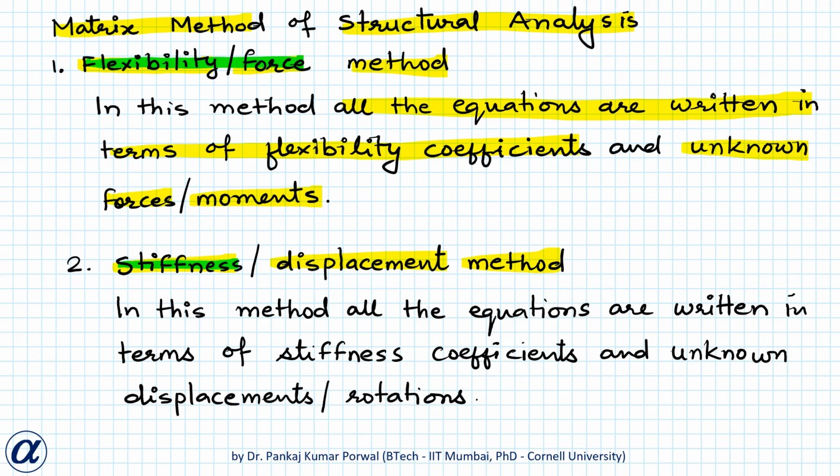In stiffness or displacement method, all the equations are written in terms of stiffness coefficients or stiffness matrix and unknown displacements and rotations, and that's why this method is called stiffness or displacement method.